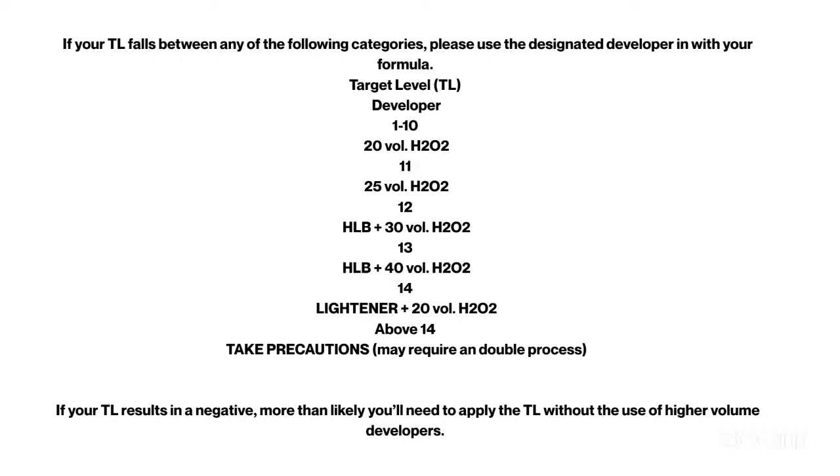If you get a number larger than 14 and you try to use something in the cabinet that's 1 through 10, you're just wasting color. You're wasting product because obviously the client wants to be higher than what your limits are. Okay, so you're going to have to learn lightener as well.